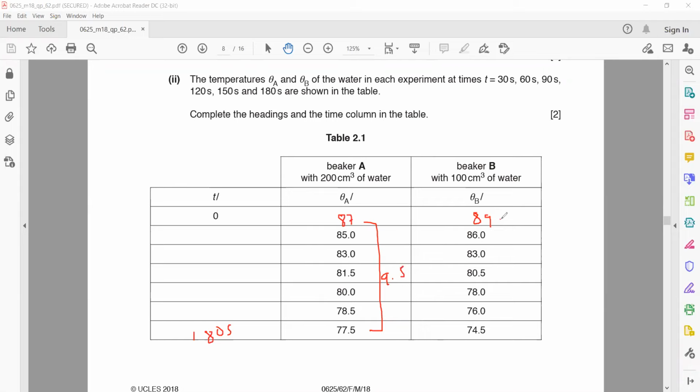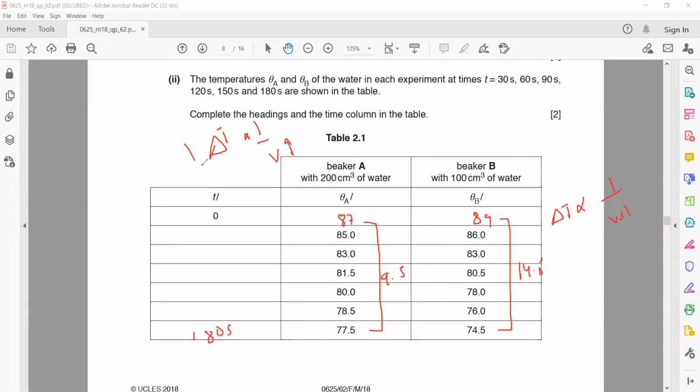And what is the difference in the temperature for 89 and 74.5? That's 14.5. So for beaker B, the change in temperature is higher and its volume is less. And for beaker A, its temperature change is smaller, but its volume is higher.